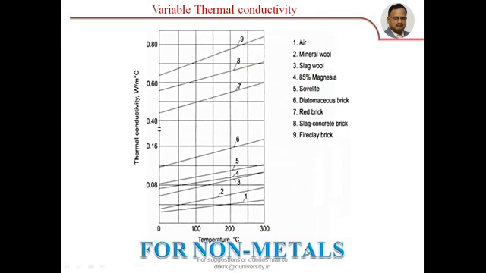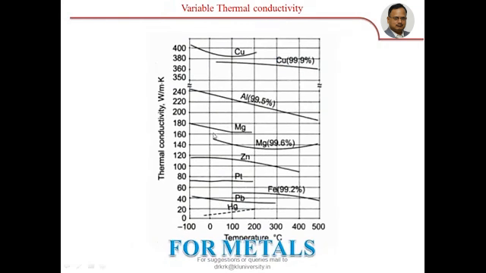And for non-metals, or fire clay brick, the thermal conductivity increases with increase in temperature. You can see here all these graphs are having positive slope, whereas the graphs for metals are with negative slope.